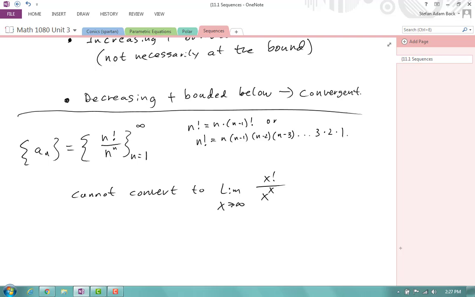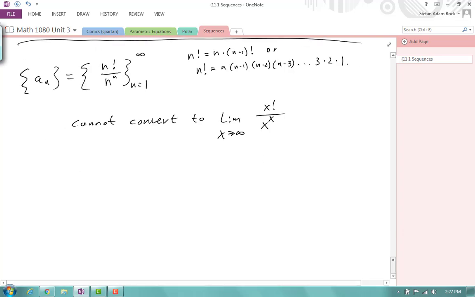The book gets around this by setting up a squeeze theorem for this problem, but I would much rather do it using the monotone convergence theorem. So for n factorial over n to the n, first I'd like to see if it's increasing or decreasing.